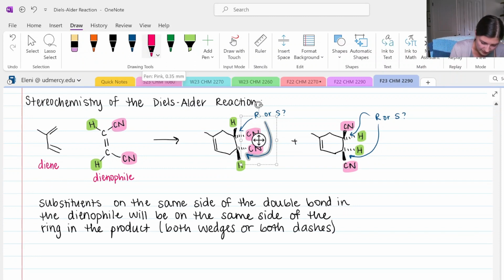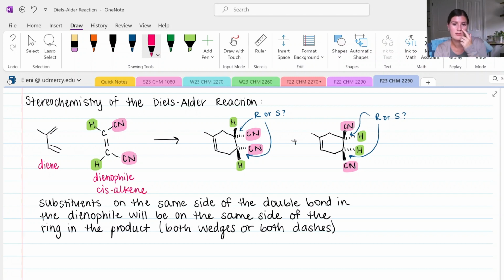So here we have the cis alkene, so we have those groups cis to each other in the products.